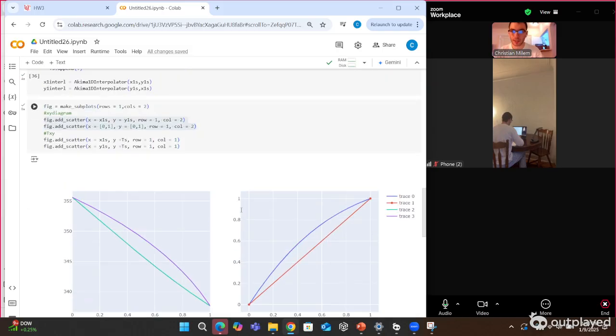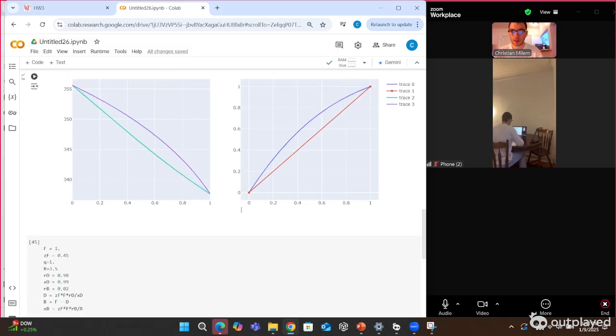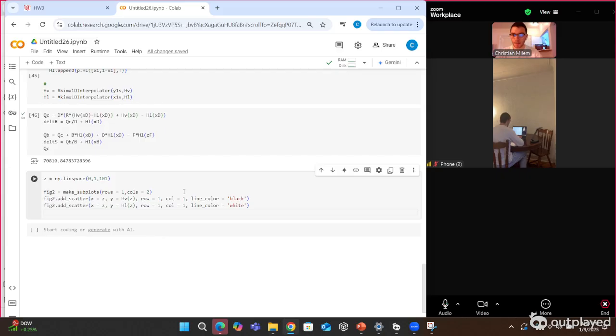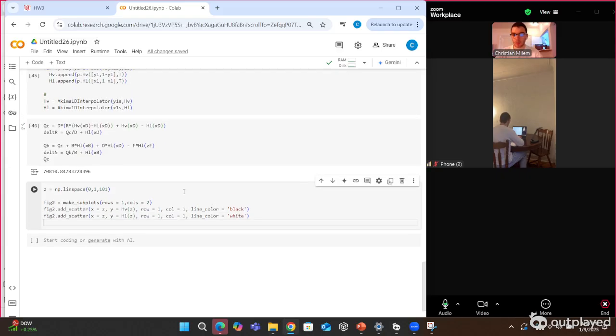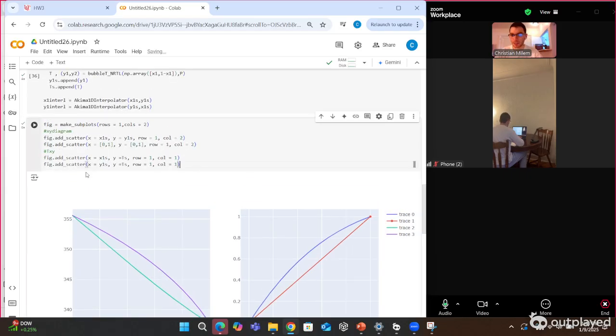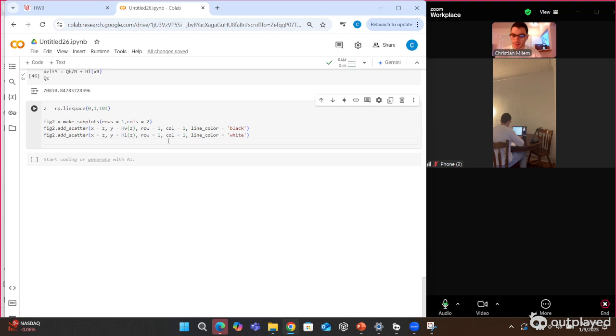Is the background white? Now the background's kind of a light blue, so we'll make this one white then. All right, and then we'll do the outline for our McCabe-Thiele, which is the same as just our XY diagram. So we'll steal this, throw this in here, fig2.